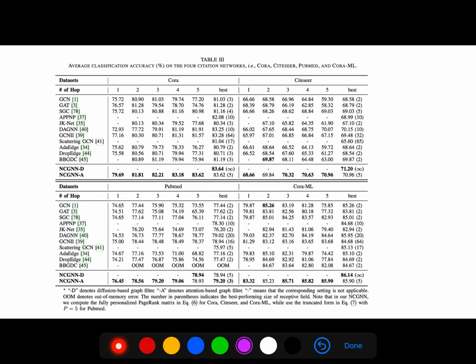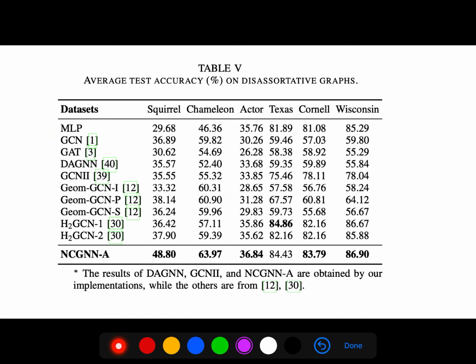And then they report average classification accuracy. For example, they compare graph attention with their method. You see, from 76 we go to 79 for the Cora dataset. But these are simple datasets. How about Chameleon and Squirrel? For example, from graph attention, from 30 we go to 48, which is a great improvement. Or from 54 we go to 63.